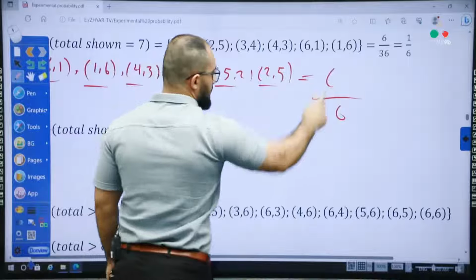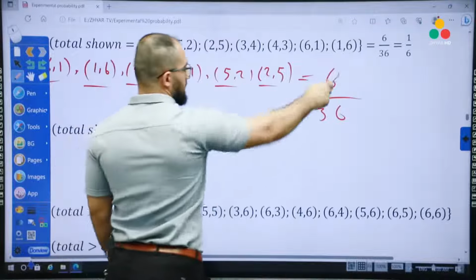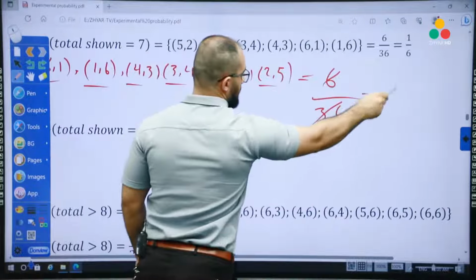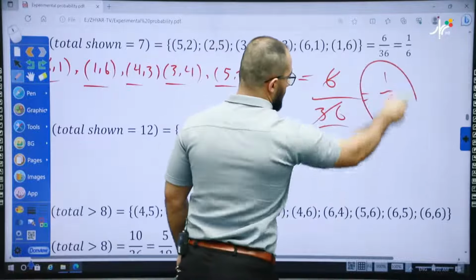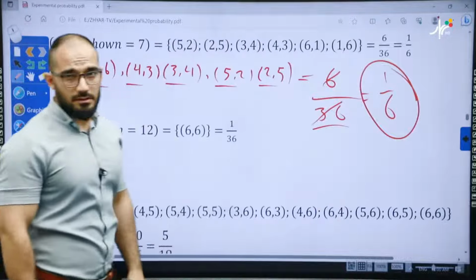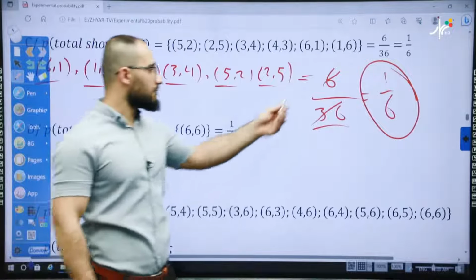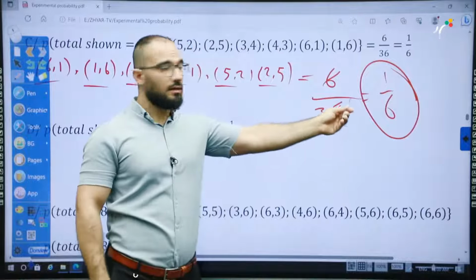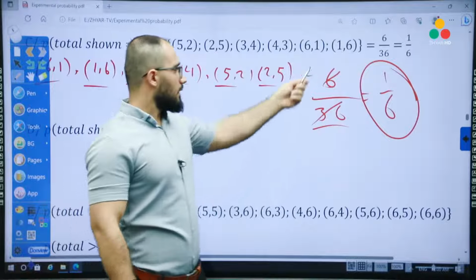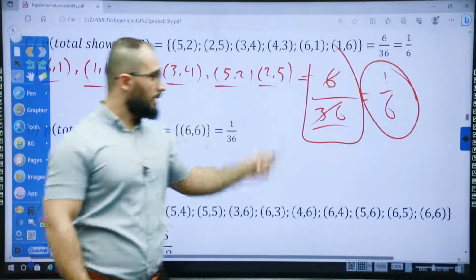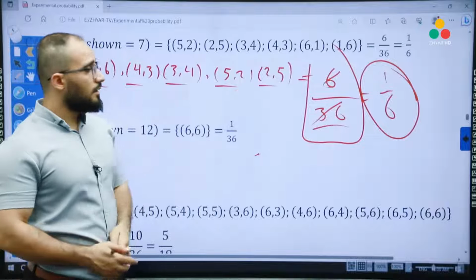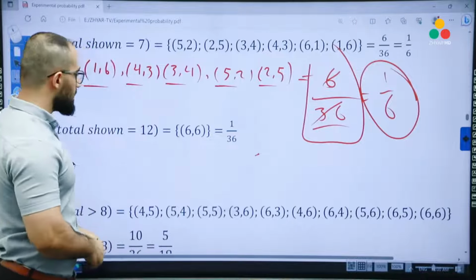Then it's going to be 6 over 36. Simplify, divided by 6 is going to be 1. Divided by 6 is going to be 6. So the result is 1 over 6. So I'm going to repeat it, please. Try to simplify it, because in the multiple choices you cannot see 6 over 36. After you've simplified, the result is 1 over 6.